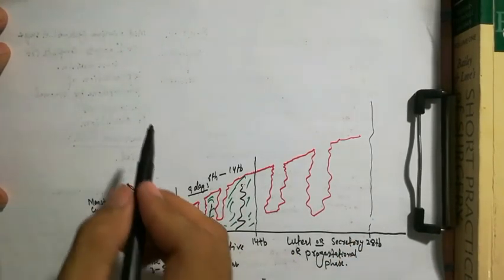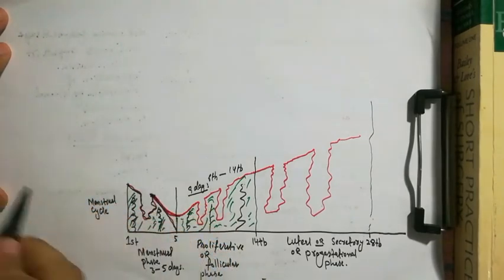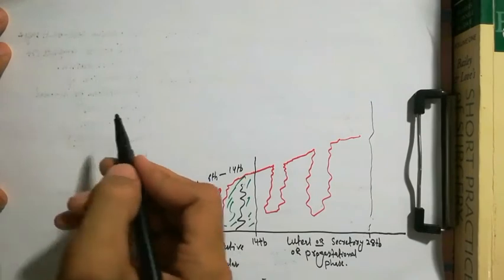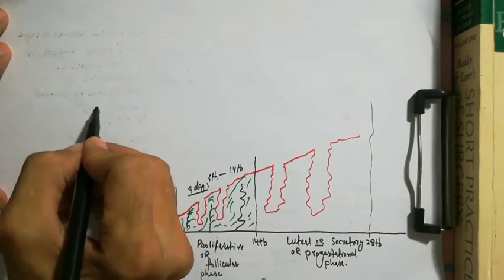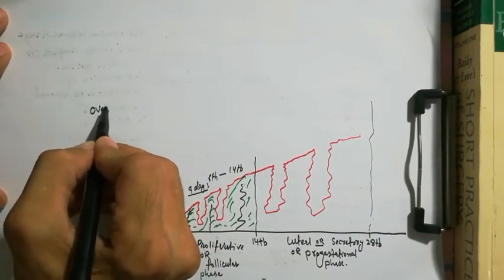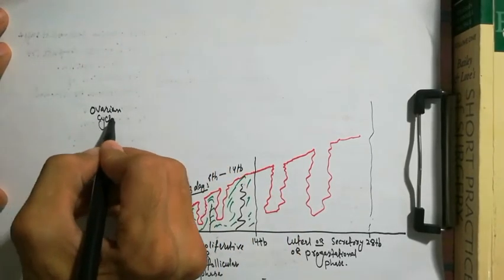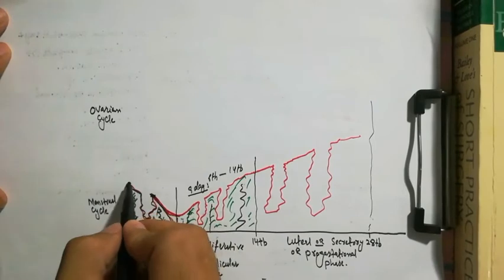So let me make the ovarian cycle simultaneously. This is the menstrual cycle, and here I draw the ovarian cycle.